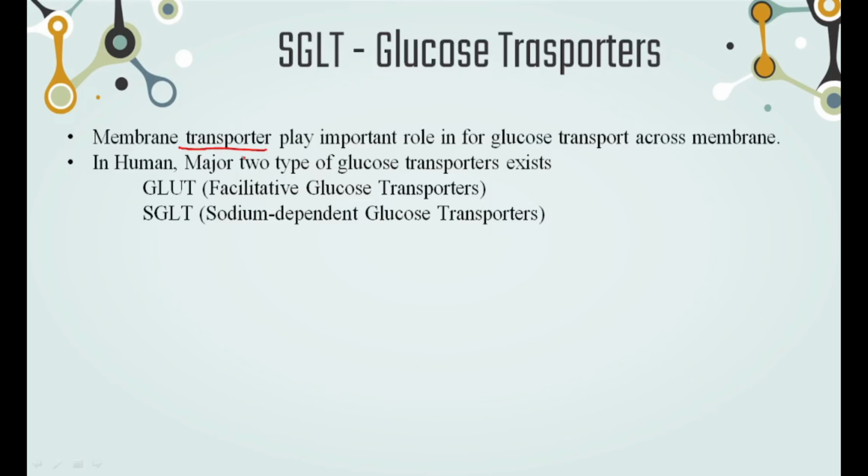In humans, two major types of glucose transporters exist. These are the GLUT, which we have already seen in our previous lectures, the facilitative glucose transporter, and the SGLT, that is the sodium dependent glucose transporter.